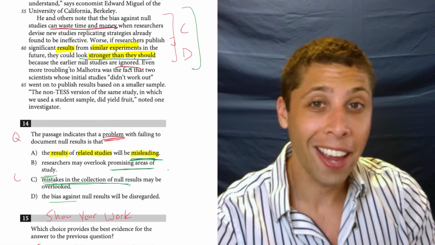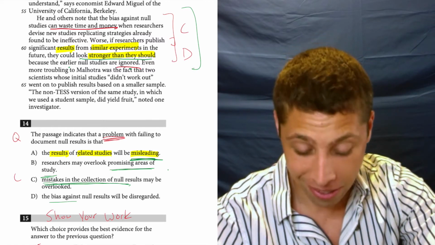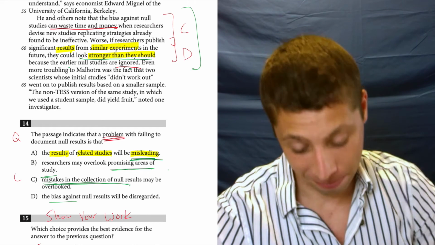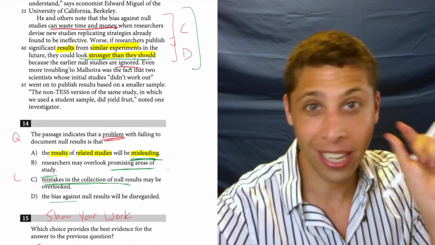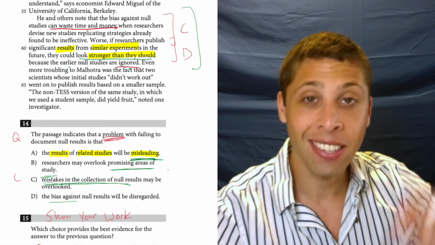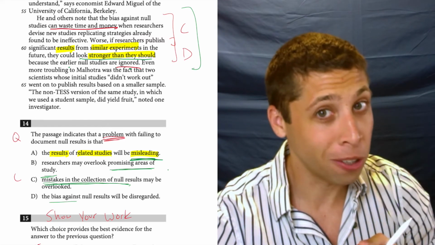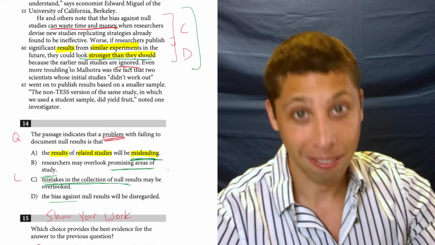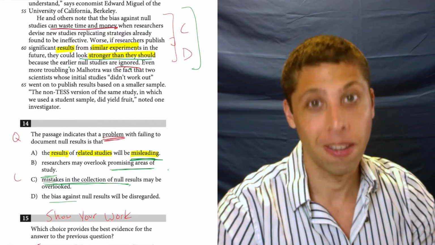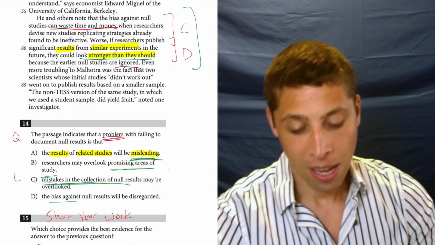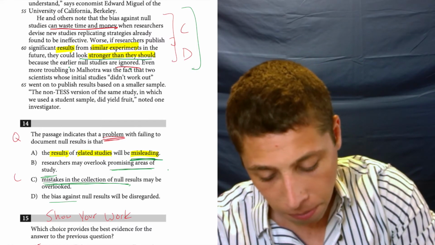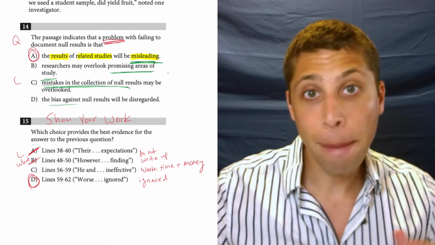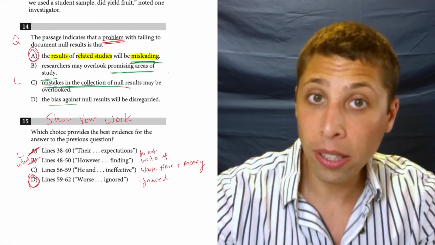Whereas with choice A, I can point to words in the lines and I can point to words in the choices and say these are the same. Results are talked about in both exactly. Related studies, similar experiments, different words, but pretty much the exact same idea. Misleading, stronger than they should. Pretty much the exact same idea. So that would give me confidence that this choice and this line reference, A and D, match up really well enough for me to pick it.